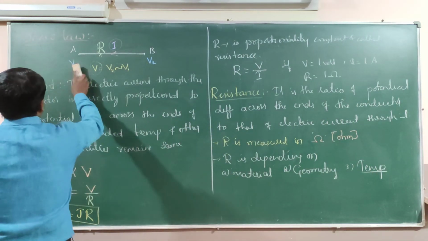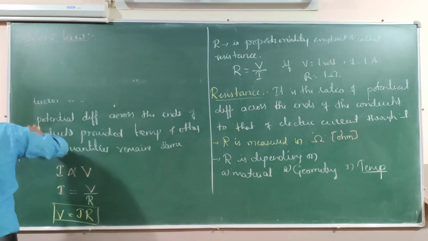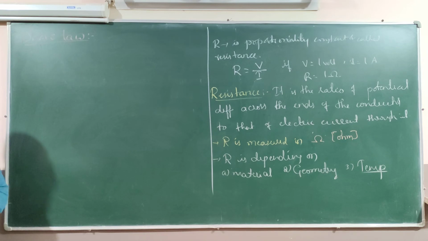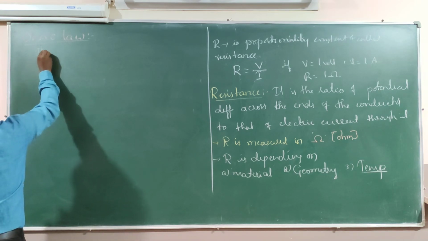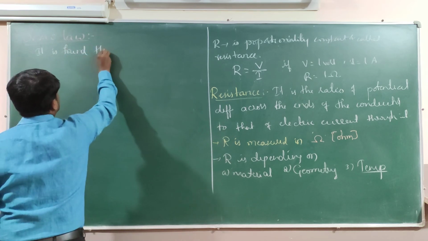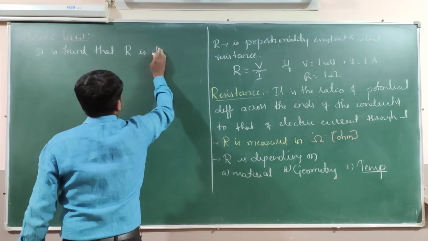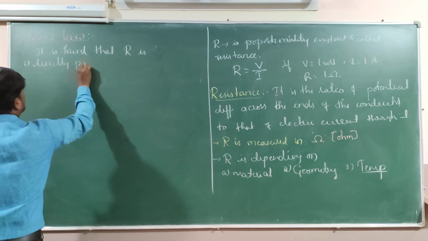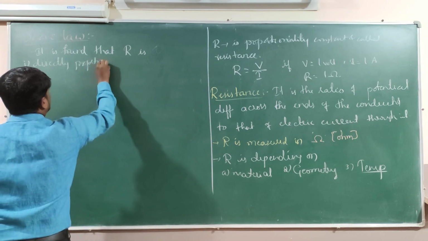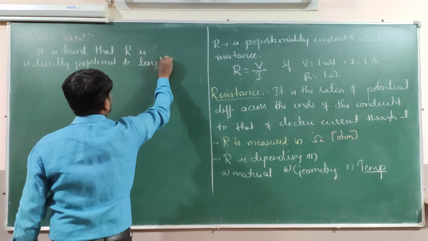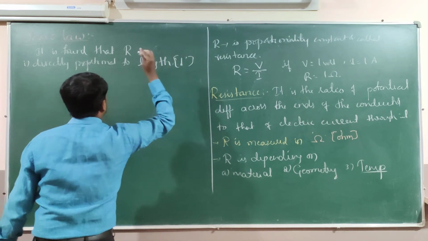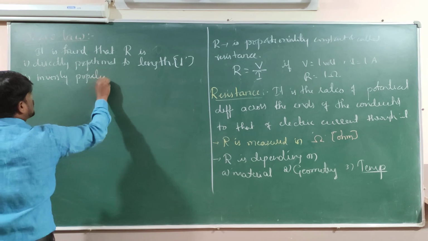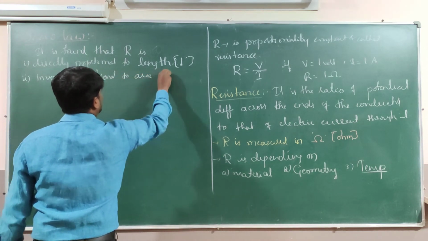Now friends, several experiments were conducted on the dependency of the resistance, and it is experimentally found that R is, number one, directly proportional to the length of the conductor L, and inversely proportional to the area of the conductor.